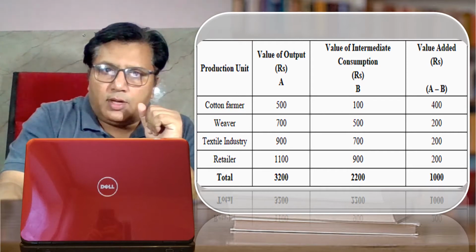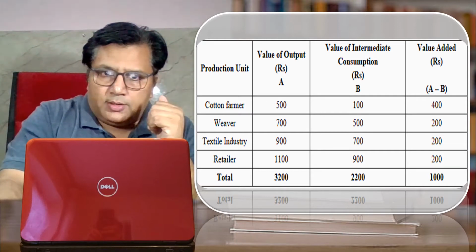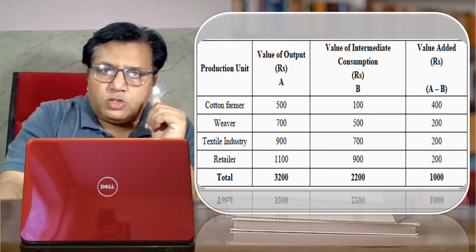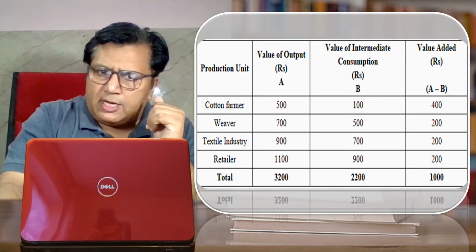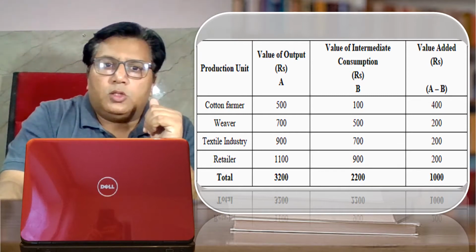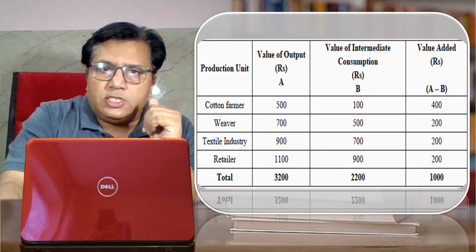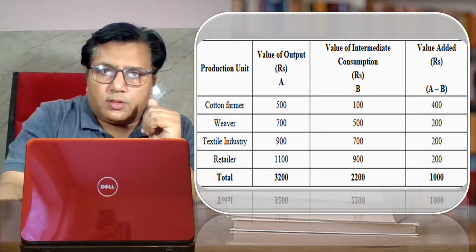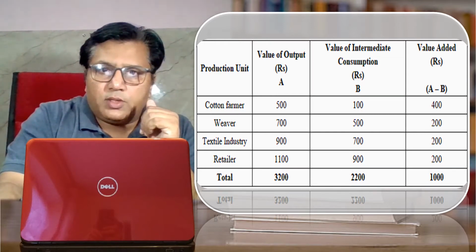There are 4 stages. Under the first stage the cotton farmers come, second stage the weavers come, third stage the textile industry comes, and the fourth stage the retailers come. Clear? The cotton farmers purchase the seeds and they cultivate cotton at the price 500 rupees. The cotton farmer sells the cotton to the weaver.